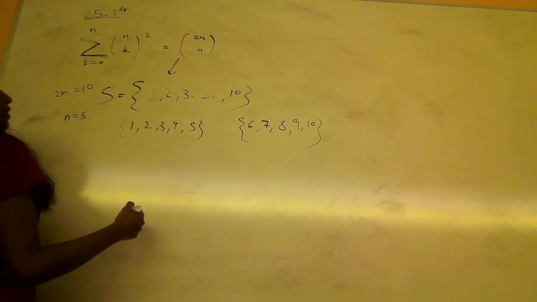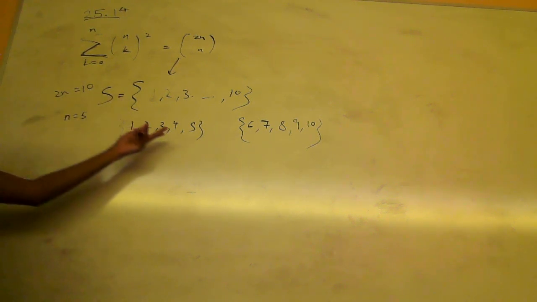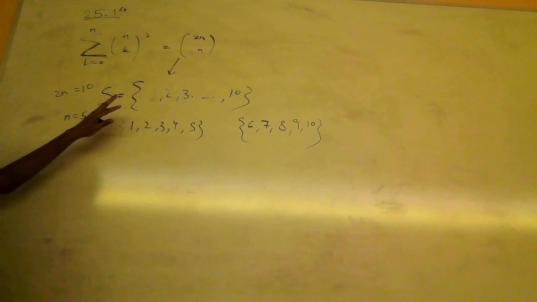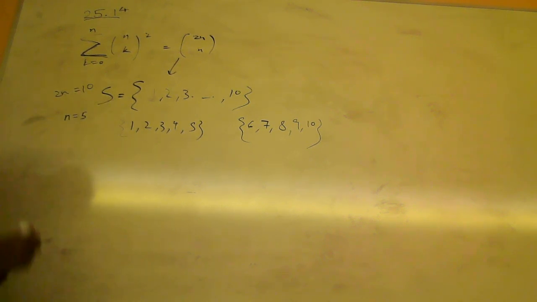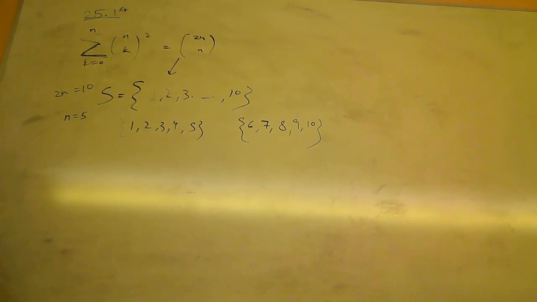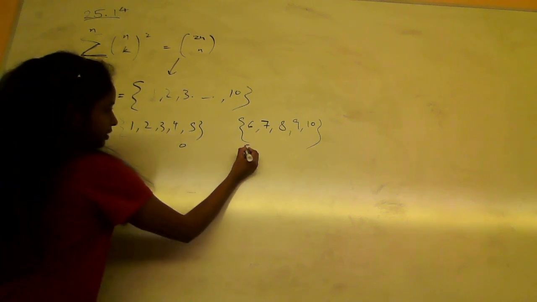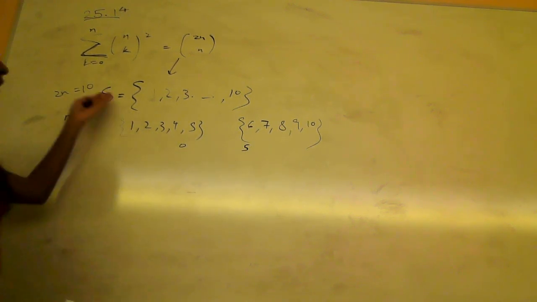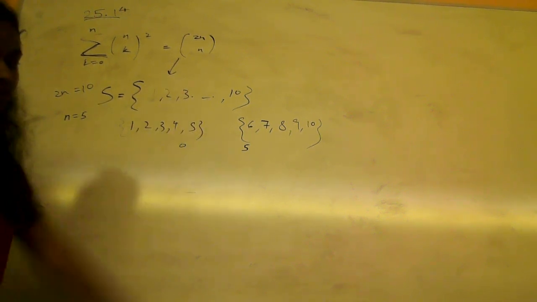Since 2n is 10, n is 5, so we are supposed to choose 5 elements from set S. In the way we can choose 5 elements, we can choose 0 elements from this set and 5 elements from this set. That will give us 5 elements from S equals 1 through 10.